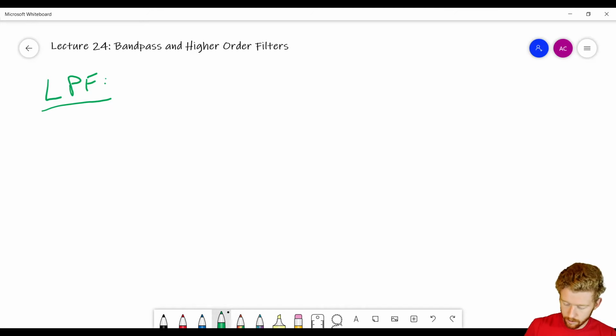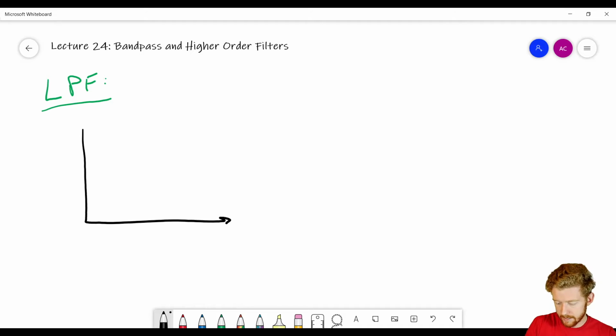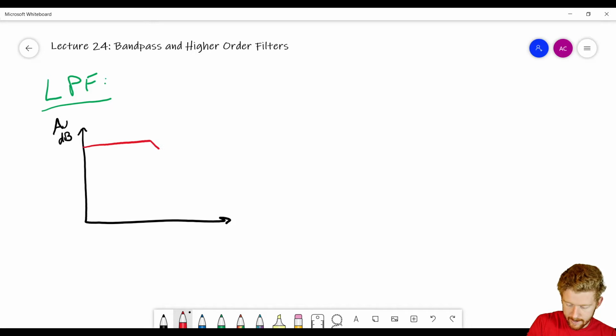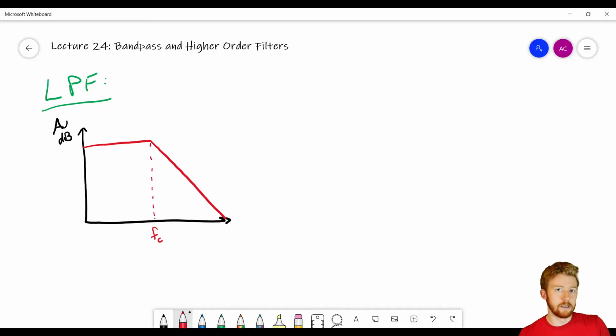So we're expecting the frequency response of a low pass filter, on a logarithmic scale, so I'll do AV dB, to look something like this. It's going to let those lows pass, and then it's going to start dropping like that at the cutoff frequency. Now this is ideal. It's not going to look exactly like that, but it's a good approximation. So if you're having to draw these by hand, this is a good approximation.